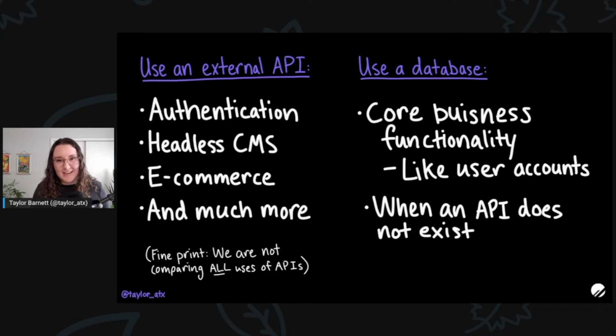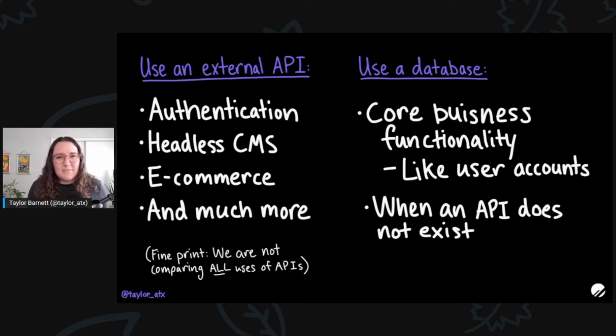but it's a little tricky because using a database is often based on what you're actually building. The best way I can summarize it is: are you building some kind of core business functionality that isn't served by the standard APIs? Maybe you're building out user accounts for a new business, and it doesn't make sense trying to shove it into an existing service.